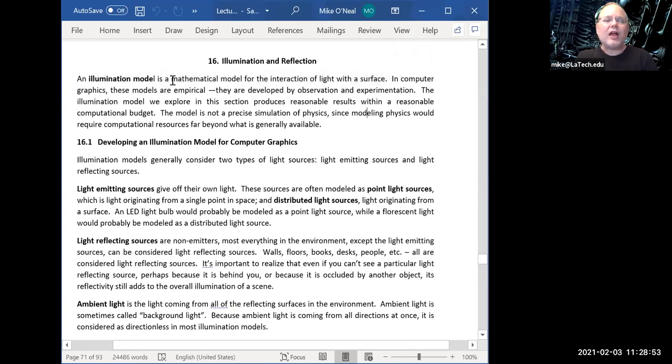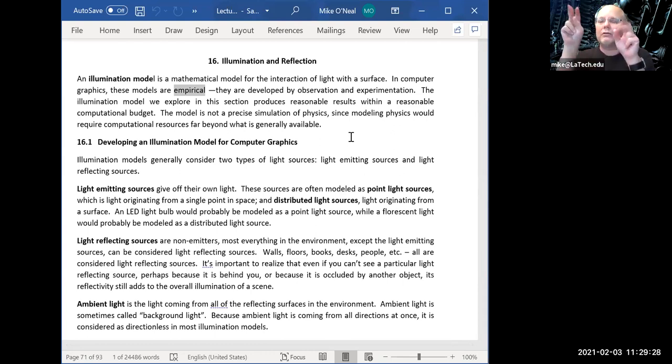Now, our models in computer graphics are empirical. The word empirical means developed by observation and experimentation. Another way of saying that something is empirical is to say, well, it works because it works. I jiggled a bunch of things and I came out with some formulas and I programmed them, and hey, the results were pretty good. So this is what we went with. Scientists like physicists look down their nose at empirical models.